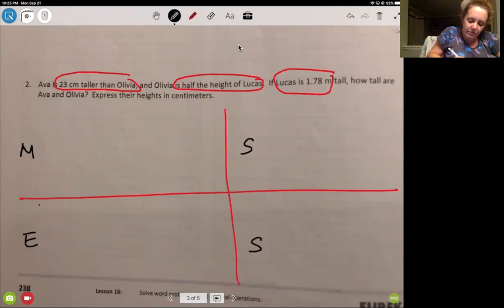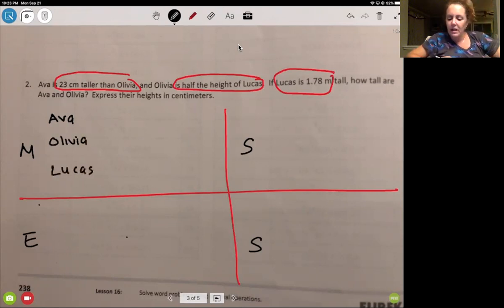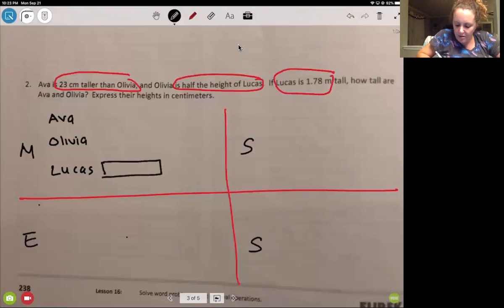So we have Ava, Olivia, and Lucas. What we know, Lucas is 1 whole meter and then almost a whole other meter.